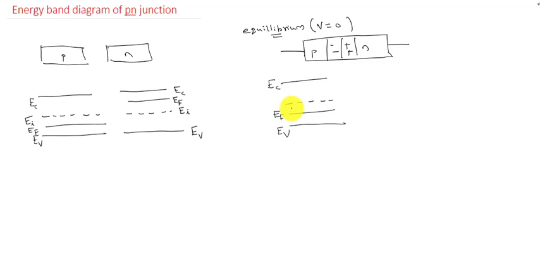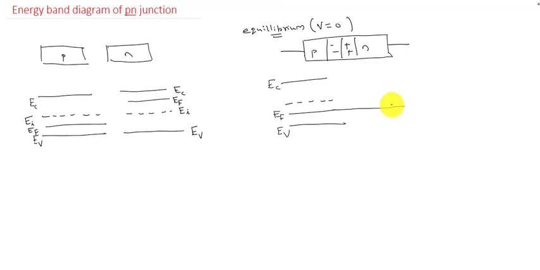And here the depletion region is formed due to the alignment of the two Fermi levels on the P side and N side. At equilibrium the Fermi level will be constant, so we can extend this Fermi level to the N side also.